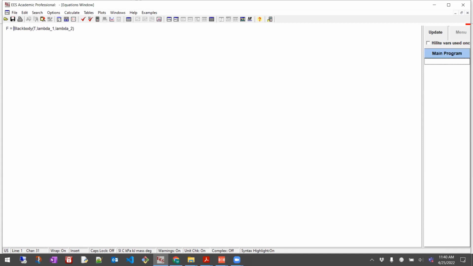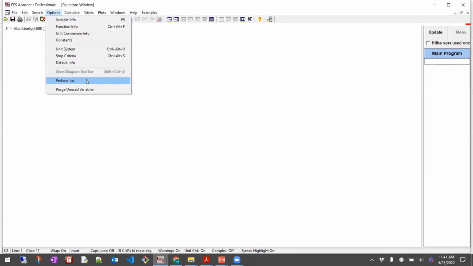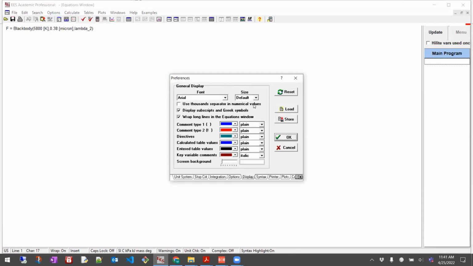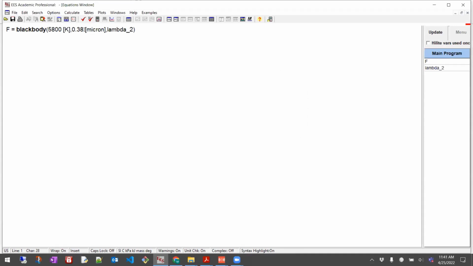And so I'm going to say F is equal to Blackbody. Why don't we take, for example, the temperature of the sun, so 5,800 degrees Kelvin. And let's say I want to look at the visible range, which is 0.38 to 0.78 micron.